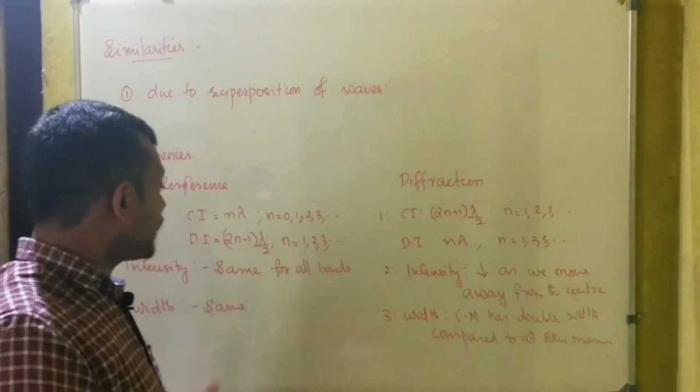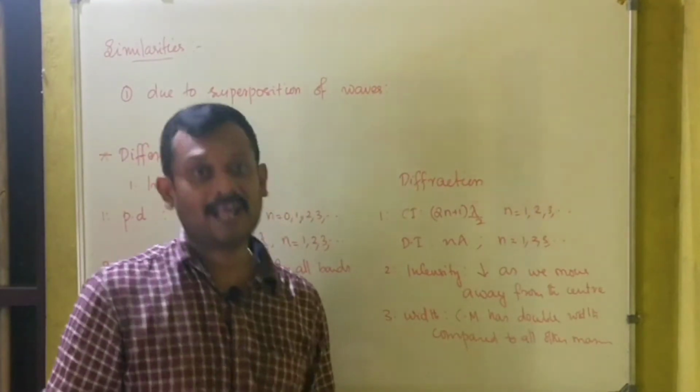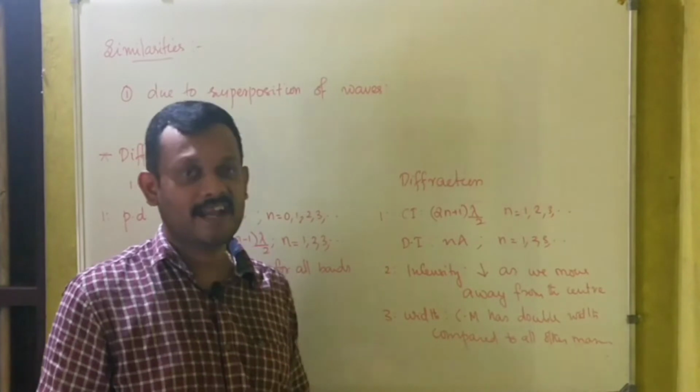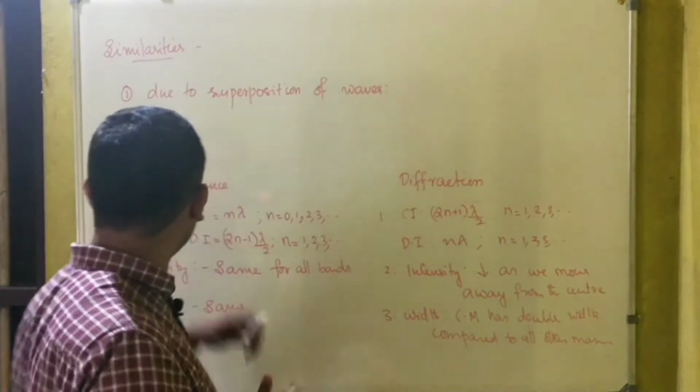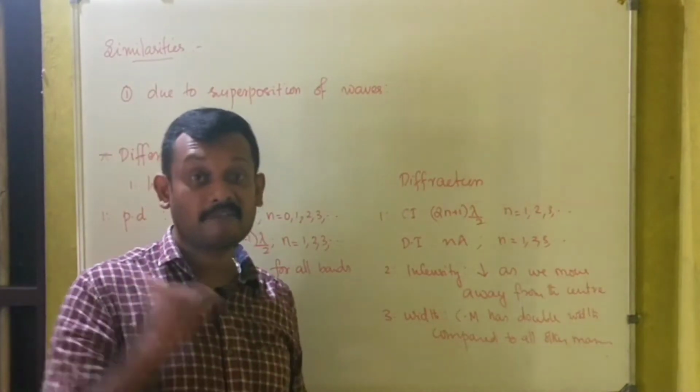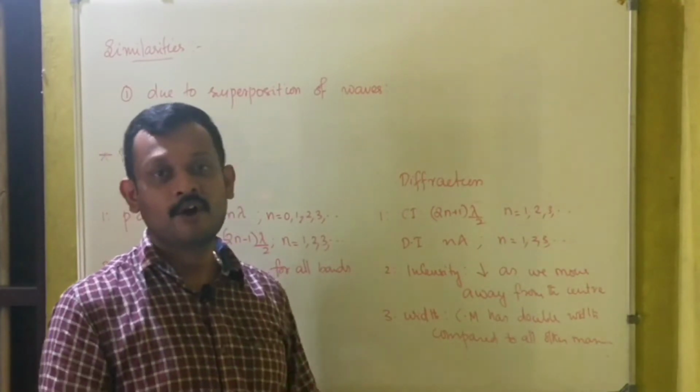The width of the central maxima is double compared to all other maxima. This is the idea regarding the similarities and differences between interference and diffraction. Hope it is clear to you.